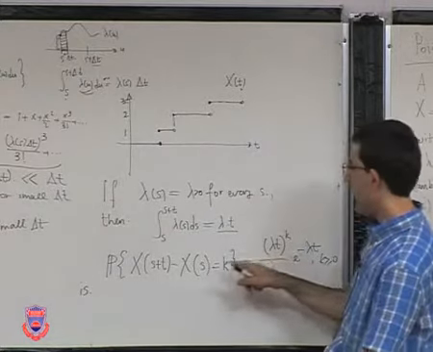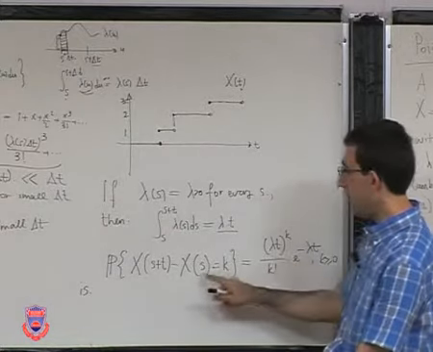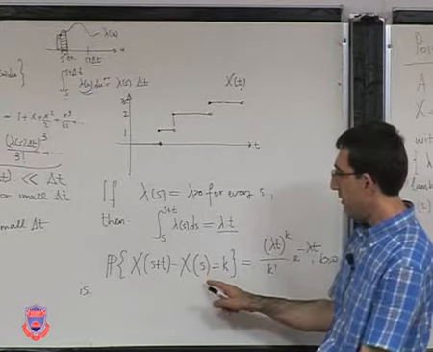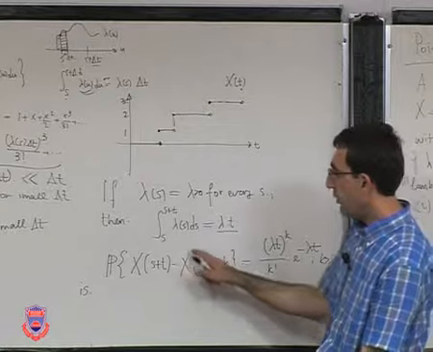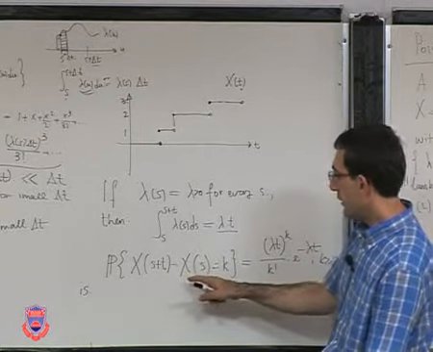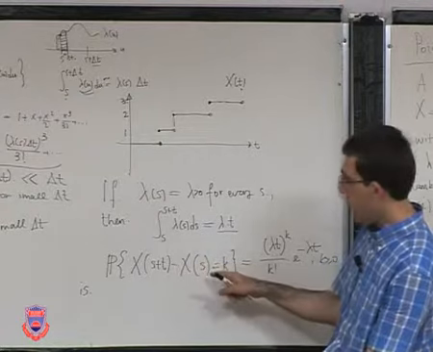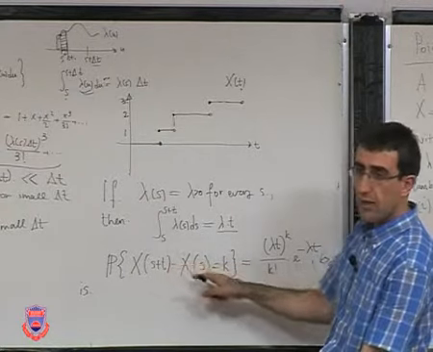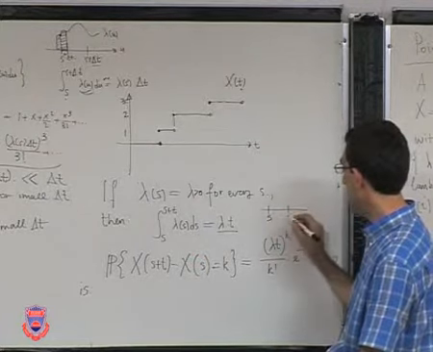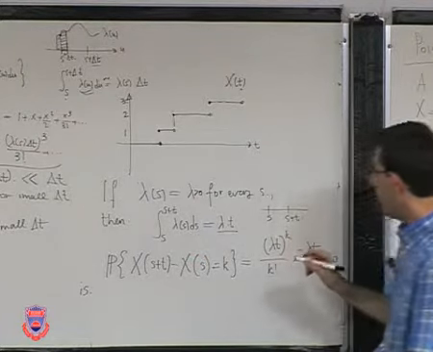The first thing you notice is that the probability is independent of time s. The probability depends not on the endpoints of the interval, but on its length.